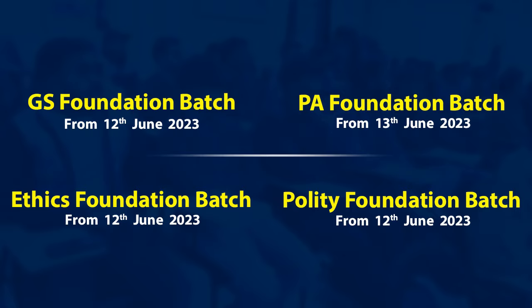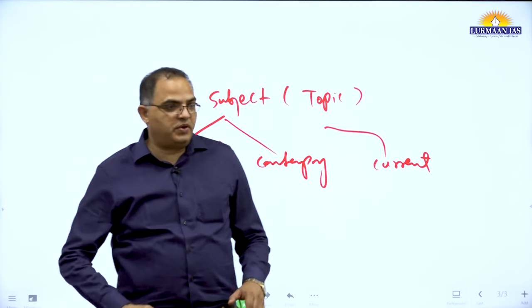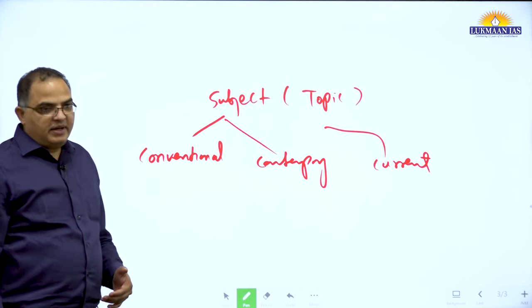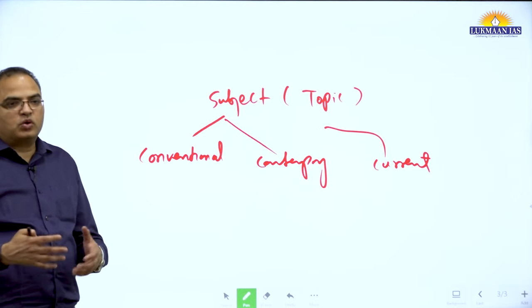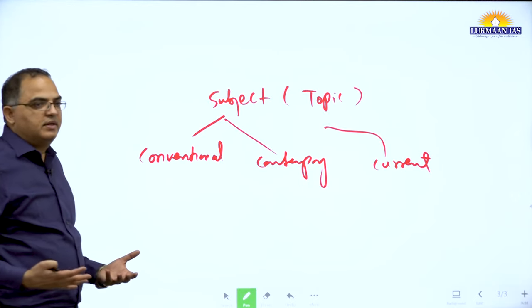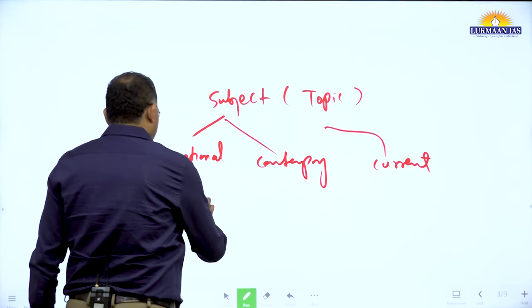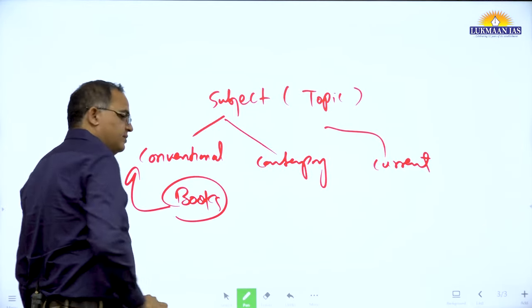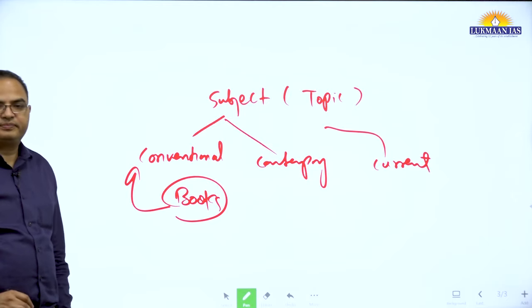Any subject you read, any topic you read, largely we can categorize in this, or most of the topics we can categorize into conventional, contemporary and current. The notes and books that you get largely help with the conventional.